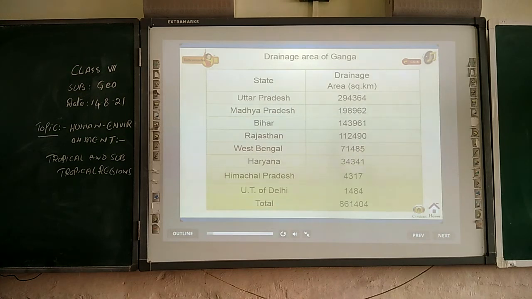Through this table, take a look at the drainage area of Ganga in various states of India. See how the Ganga flows through the different states and its length. The drainage area in square kilometers is given in detail along with the states and the total distance.